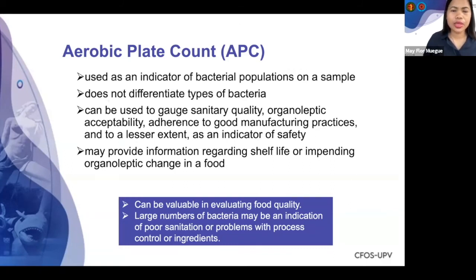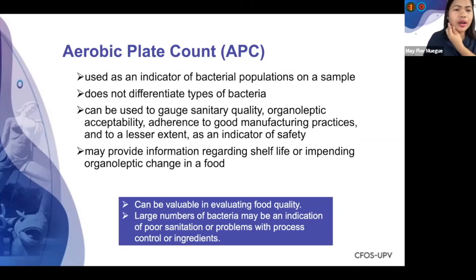Kasi, di ba, we know that microorganisms are capable of producing enzymes, and they are also capable of degrading and using the fish as their media. Kakainin nila yon, and they produce metabolites that can eventually be attacked by endogenous enzymes and also enzymes produced by the microorganisms.